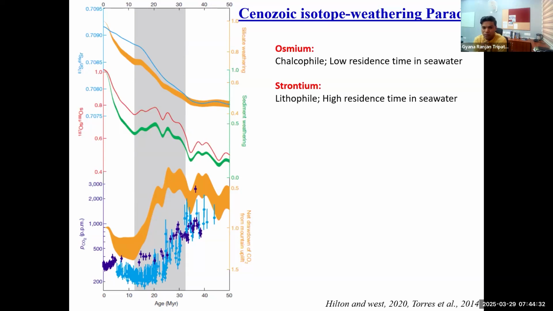And these people have come up with the suggestion that some of the osmium isotopic evolution is actually because of pyrite oxidation occurring in these basins, which has not been accounted for yet.